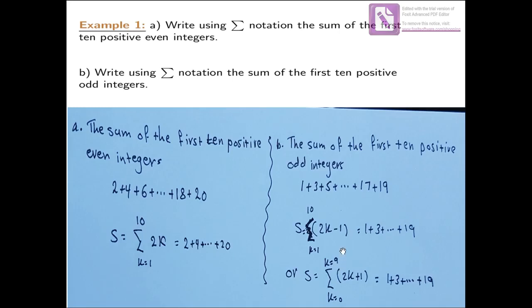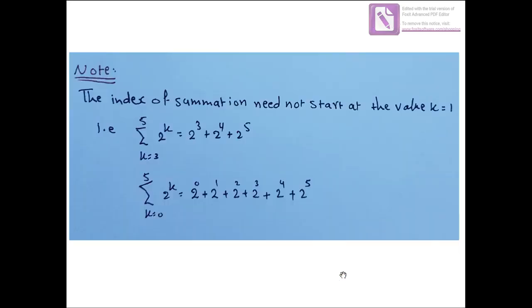يعني لو استخدمنا الصياغة 2k minus 1 للفرست 10 positive odd integers لازم الk starting from 1 والend تساوي 10. لكن لو استخدمت 2k plus 1 إذن الk تبدأ من الصفر وتنتهي عند 9. Note here the index of summation need not start at the value k is equal 1.